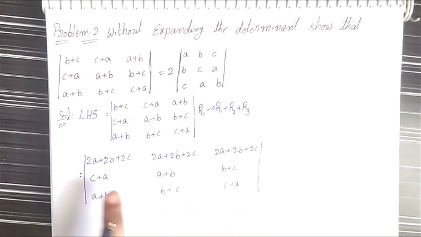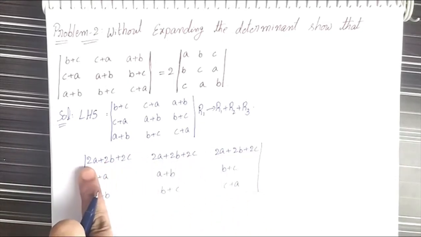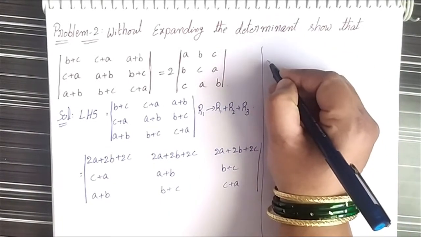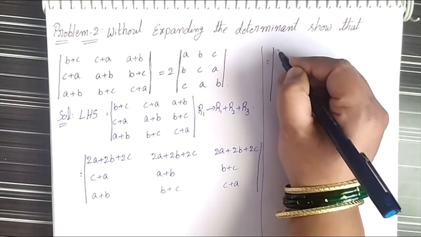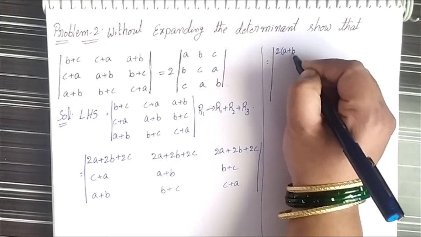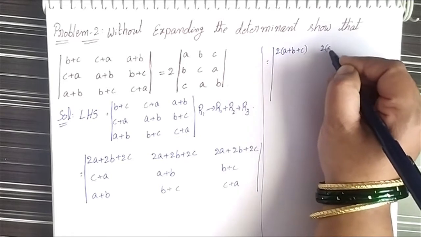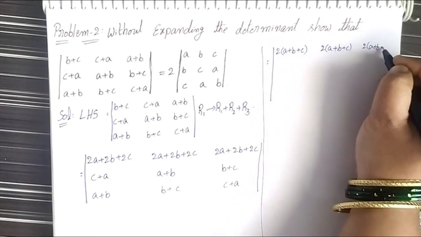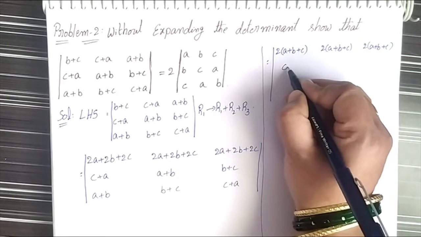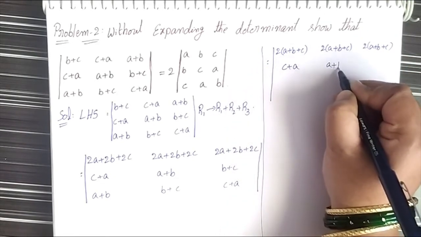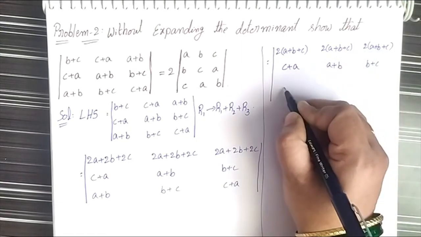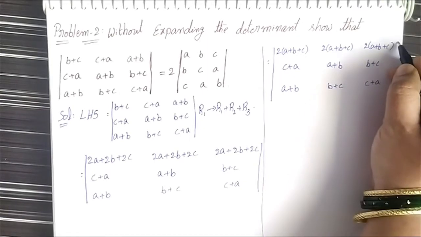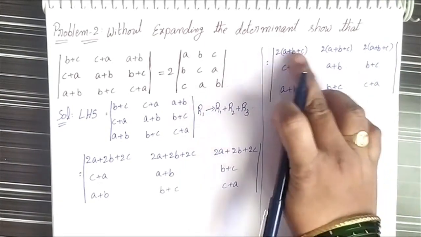In the first row we take 2 as common, so the determinant becomes 2 into a plus b plus c in each entry of the first row.